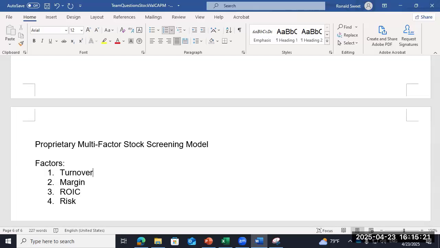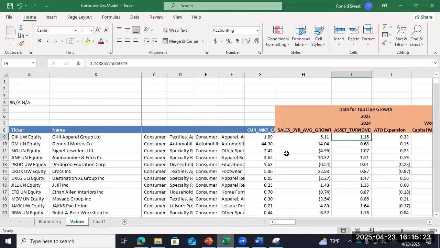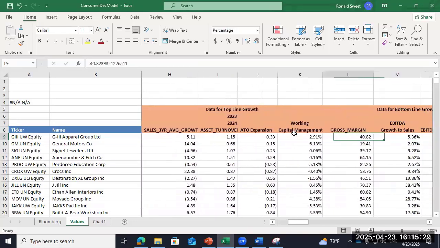So I have those 4 categories. For turnover, I start off with just revenue growth. Revenue growth is a great one. I do actual asset turnover. You remember asset turnover from 3013, revenue divided by assets, higher is better. I also do ATO expansion. So not just how high is their ATO, but is it improving or is it getting worse?